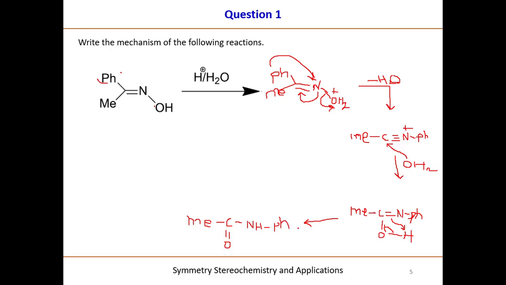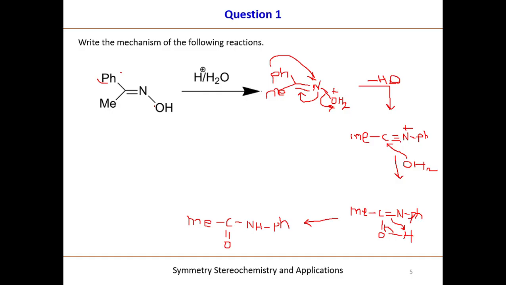So what happened in this reaction? The OH group of the ketoxime gets protonated, and it becomes a good leaving group. After the leaving of this H2O group, the phenyl or alkyl group which is trans to the OH group migrates to the nitrogen atom and forms this nitrilium ion intermediate.